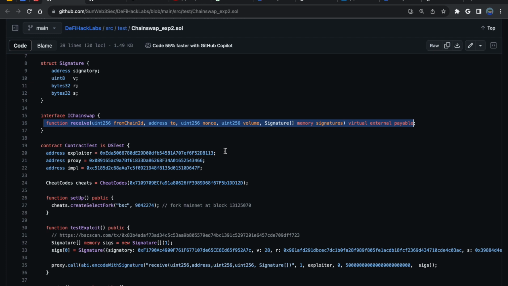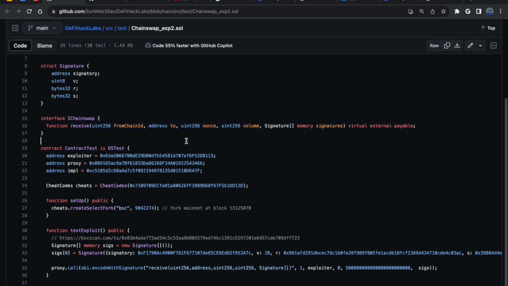If I didn't mention already, Chainswap is, or was, a bridge, and that's essentially how it works: you burn some tokens of some sort, and then you mint that token or a representation of that token on the new chain, or whatever bridge you're using. Oftentimes you may do something like wrapped Bitcoin or wrapped Solana.